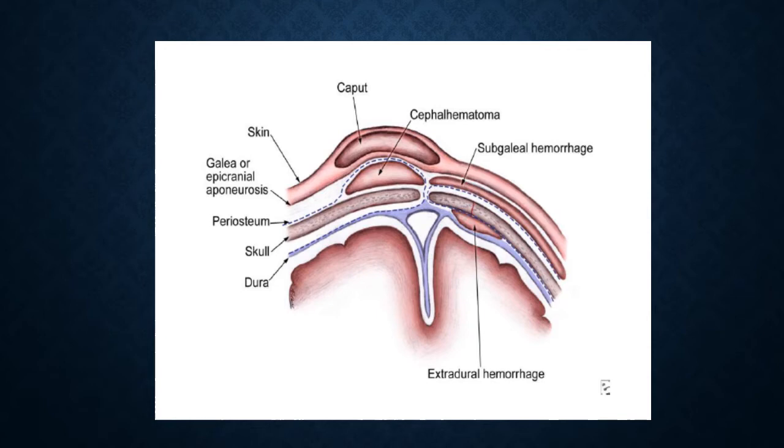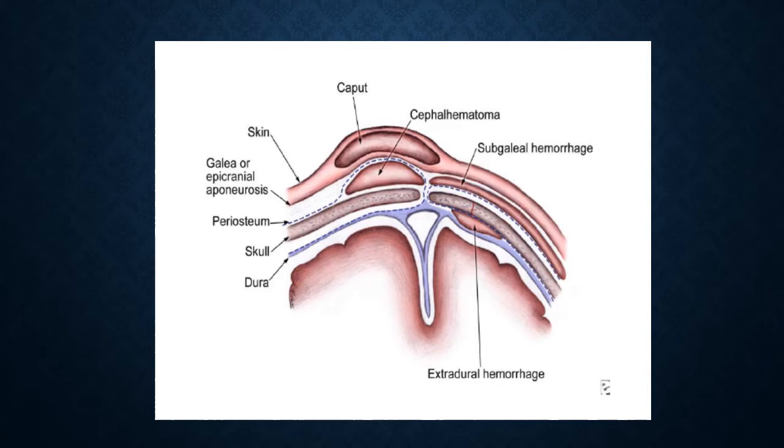Before we talk about these subtypes, I want you to take a close look at this picture. You have to know the normal anatomy of the layers of the skull. Start with the skull bone with the underlying layer of dura mater and overlying periosteum, with the galea or epicranial aponeurosis on top of the periosteum, then the skin.